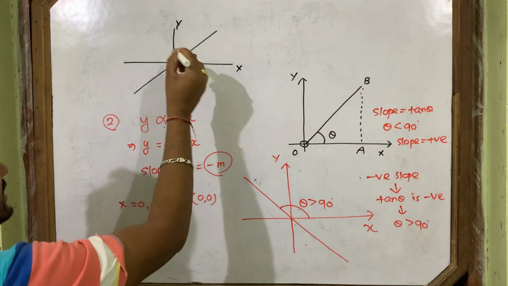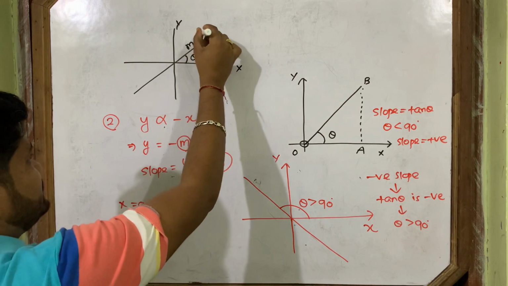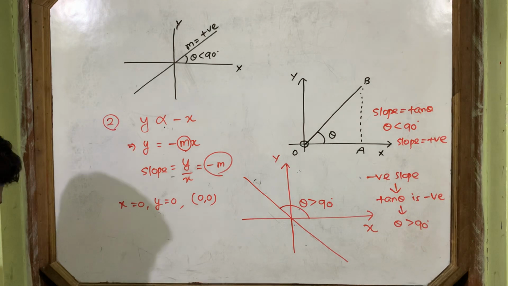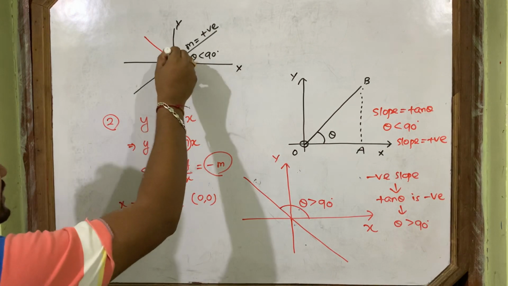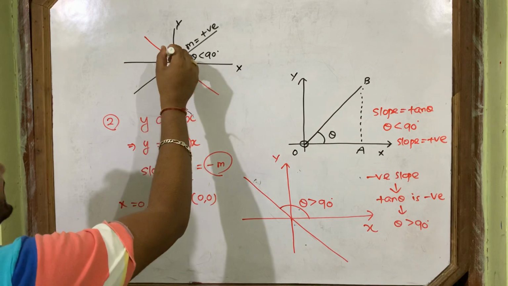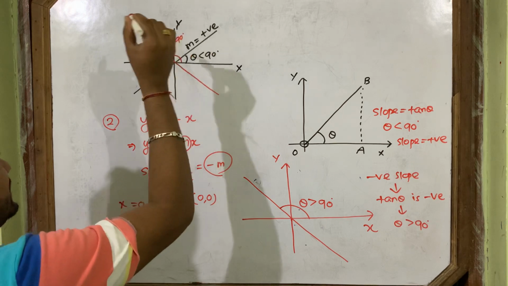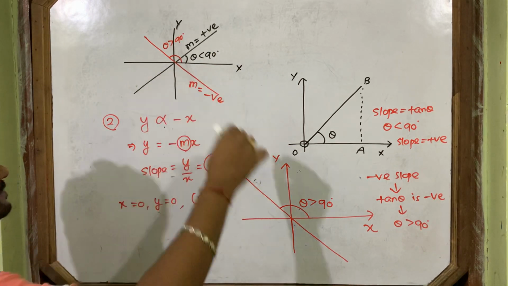Here theta is less than 90 degrees, so positive slope. But if the graph is like this, then here theta is greater than 90 degrees. So here slope is negative.